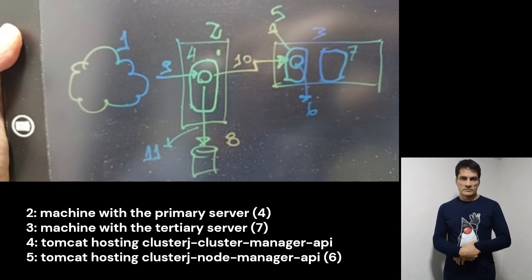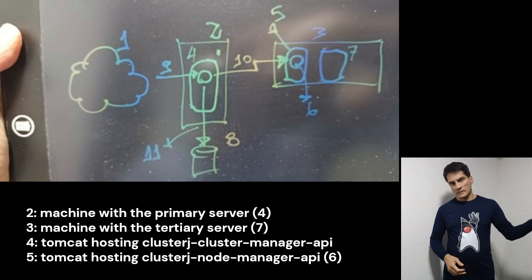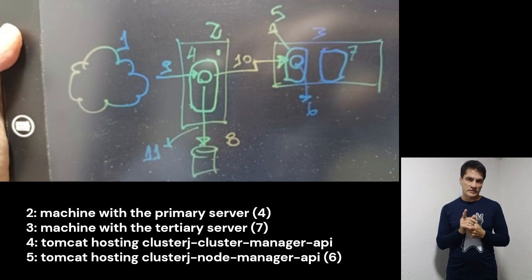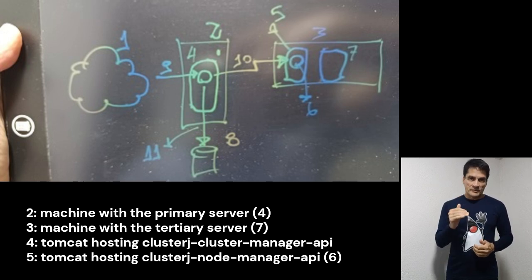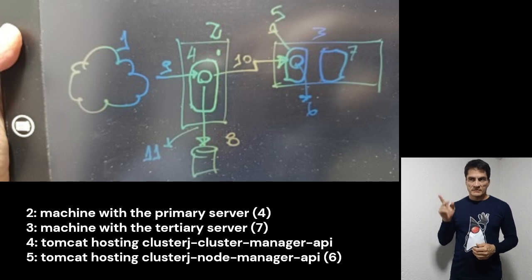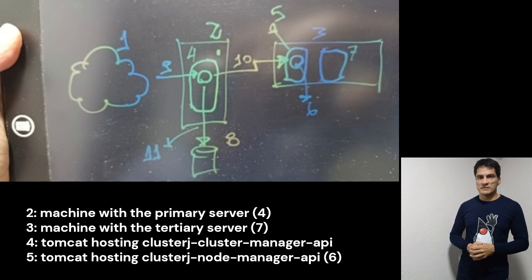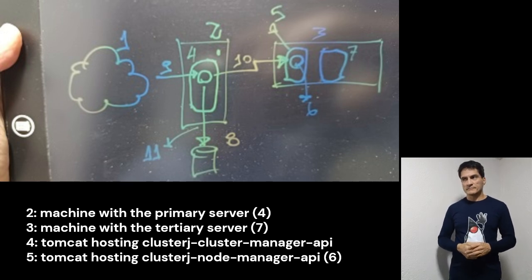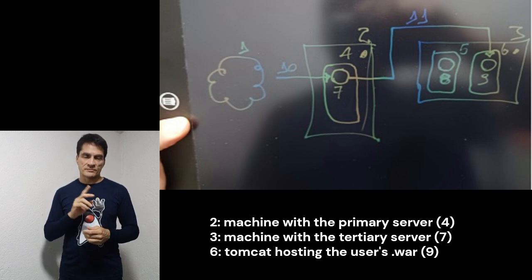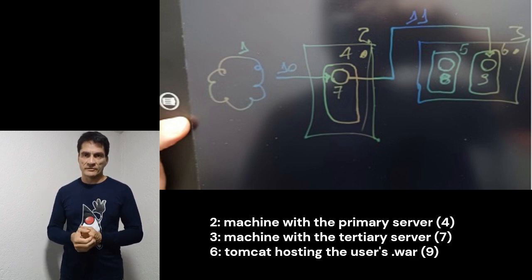So the flow, in a simplified way, comes from the client request, goes to the primary server, to the ClusterJ Cluster Management API. The primary server will decide which of the machines in the setup will execute the request and passes the request to the tertiary server.